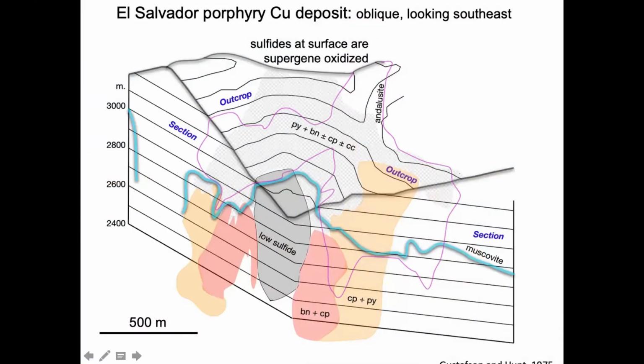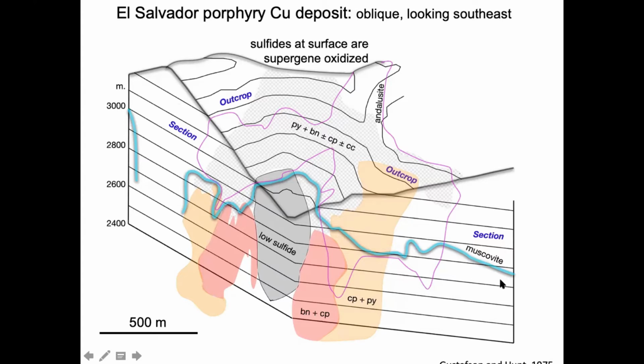Now, this is an oblique cross-section, meaning we're looking down onto El Salvador to the southeast, but then we've cut through right here. So this line is the surface, and this shows the depression, and then this is the cross-section down.